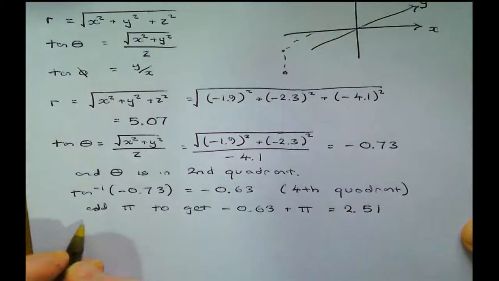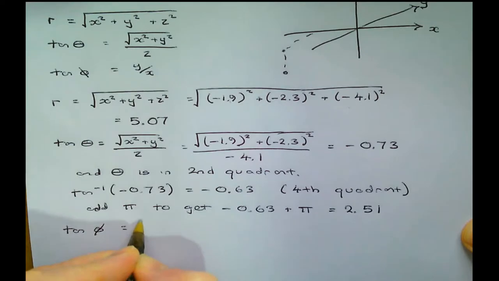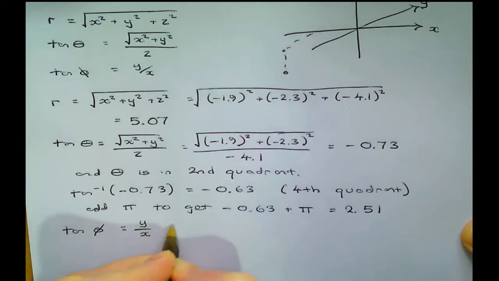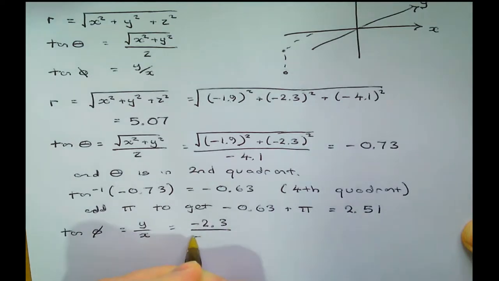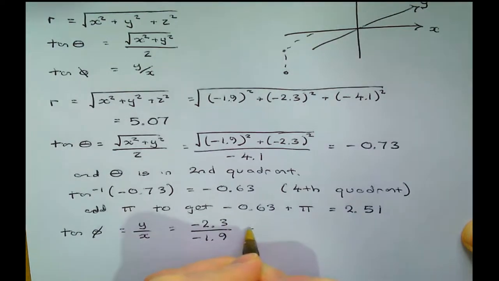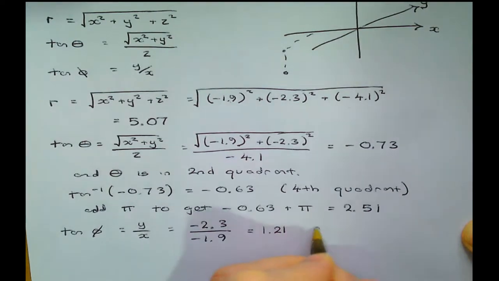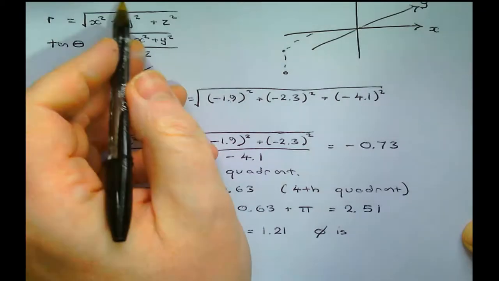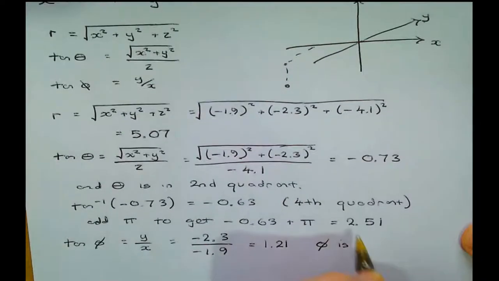Then phi, the tan of phi is y over x, so it's minus 2.3 over minus 1.9. It gives us 1.21, and we note, of course, that phi, because x and y are both negative, phi should be in the third quadrant.